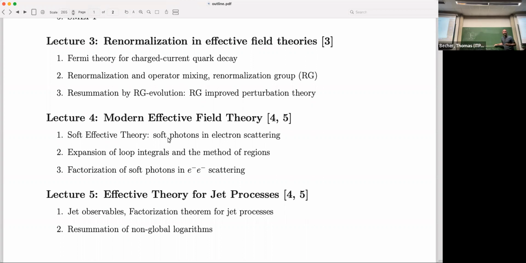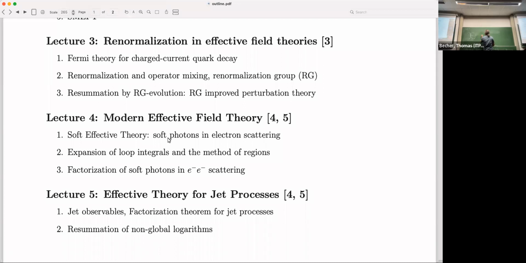So this type of process. This is the standard model Feynman diagram. So here the standard model is viewed as the full theory. And of course, Fermi didn't know about the W, and nobody had seen the W at that time.